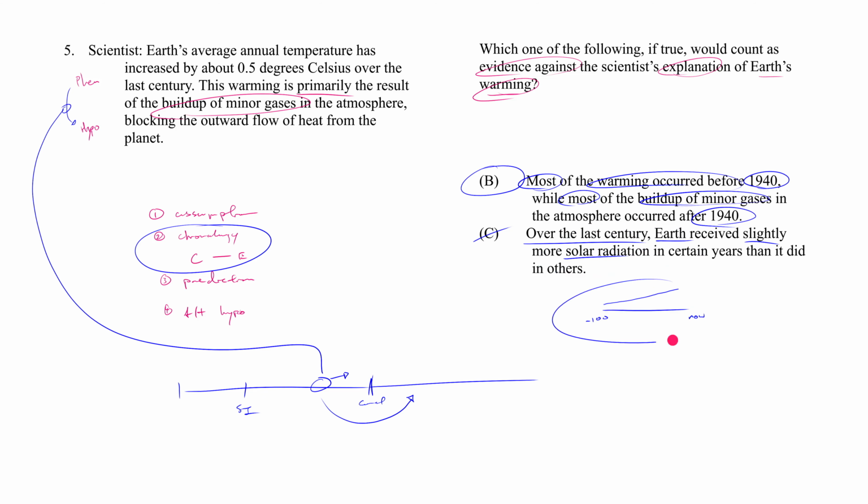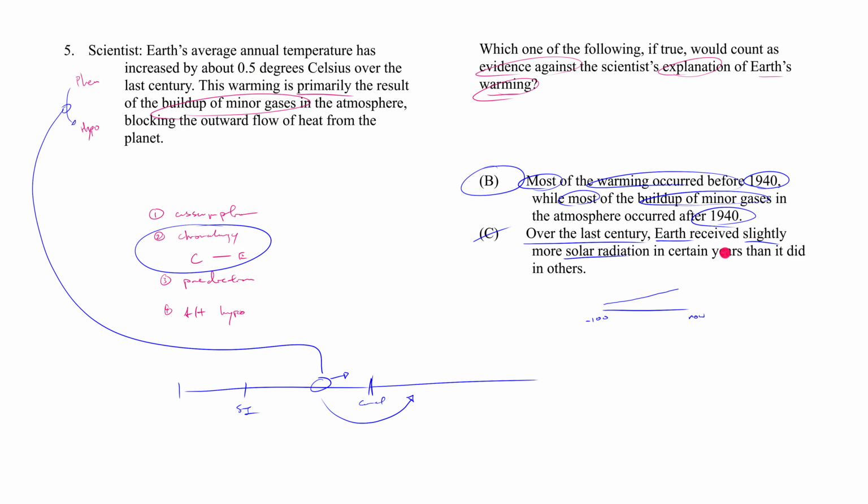If C had actually said that, sure, that would be potentially another causal factor to consider. Maybe it's the buildup of minor gases, maybe it's the amount of solar radiation the Earth received. And I already mentioned that even if C had said that, it wouldn't be so effective at weakening, because the author already conceded that there could be other causal contributions. But really the point I'm trying to make is that C is not even saying this.